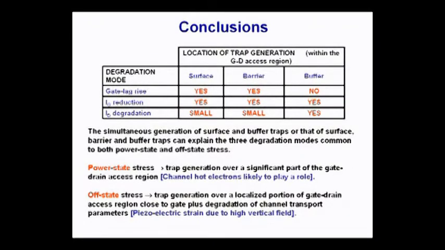So in summary, we found that only the simultaneous generation of traps at the surface and in the buffer can account for all the degradation modes observed experimentally.